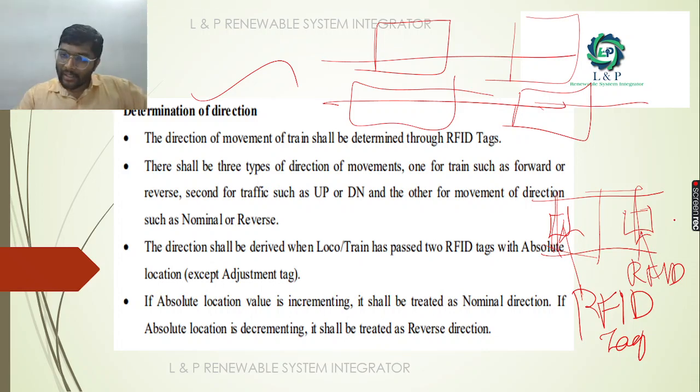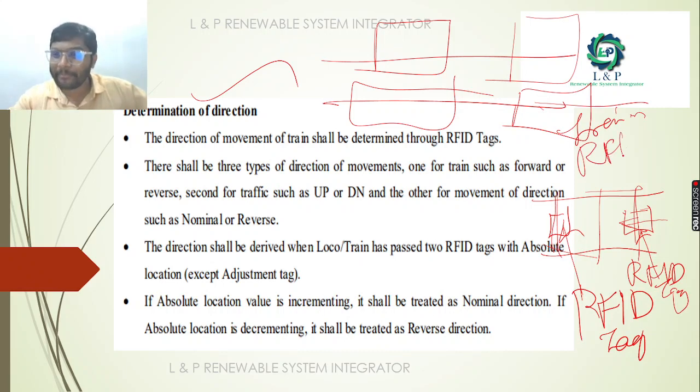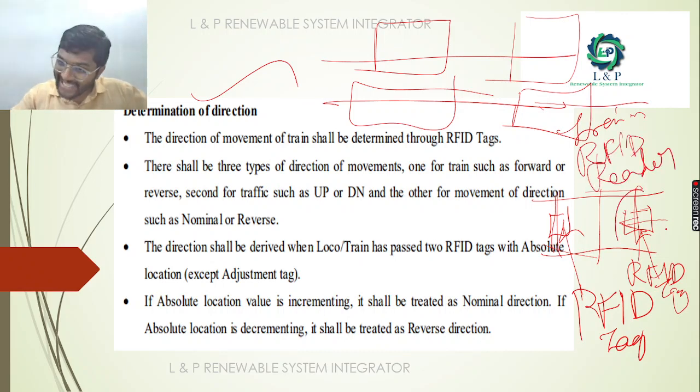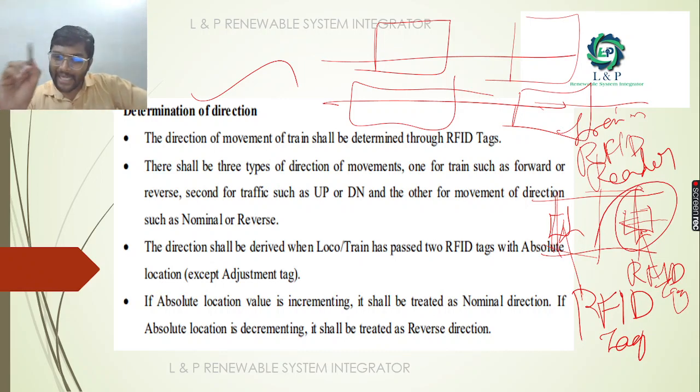So when the starting point of the train is passing through it, inside the train we have an RFID reader. The duty of the reader is to read the tag. Once it reads, we will get the information that the train is at that concerned location. It is reaching a particular position.